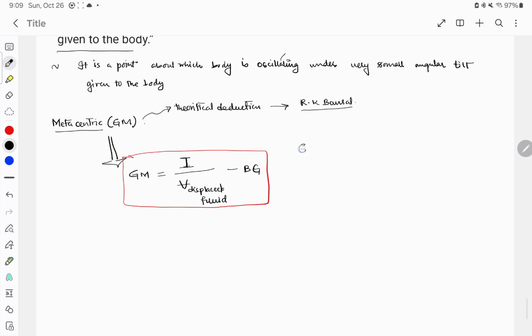Again I'll write the same thing: if GM is positive, meaning GM is greater than 0, then it is a stable equilibrium case. If GM is less than 0, then it is an unstable equilibrium case. And if GM is equal to 0, then it is a neutral equilibrium case.